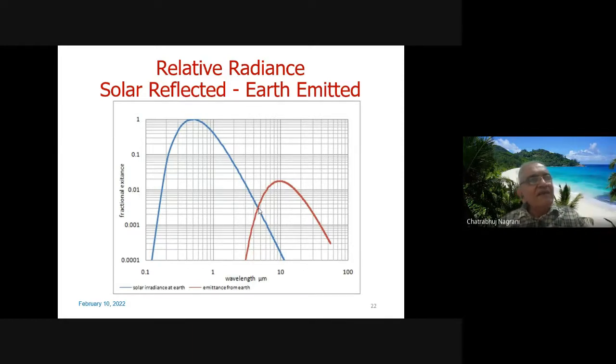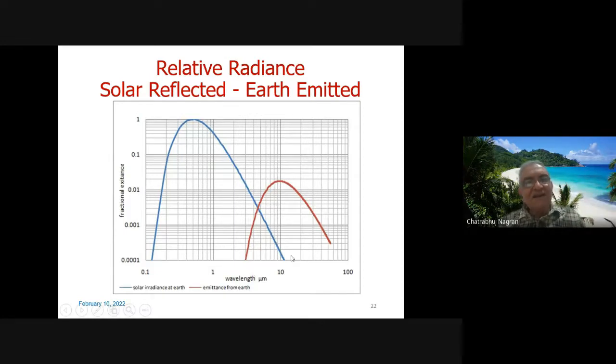So if I want to see reflected radiance, I can see at about 1.5, 2, 2.5 micron. Beyond that, the radiance coming from the Earth will mix up with it, and I will not know whether it is the sun's reflected energy or the Earth's emitted energy, and both have different characteristics. Suppose a target is radiating and also reflecting.